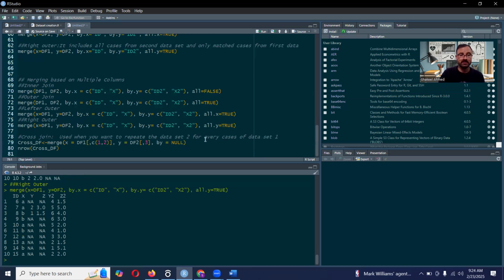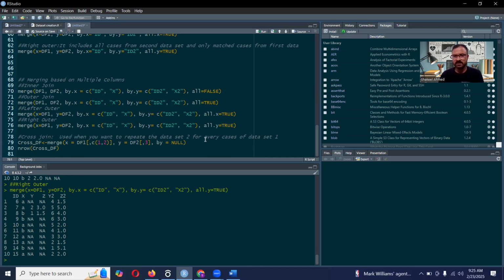The last and the most important thing is cross join. Cross join means in most cases we need to repeat a data set according to some other data set. For example, we have patients' records for more than two times. So we have a data set with only unique patients and their records, and we have another data set for the same patients for some other time period.